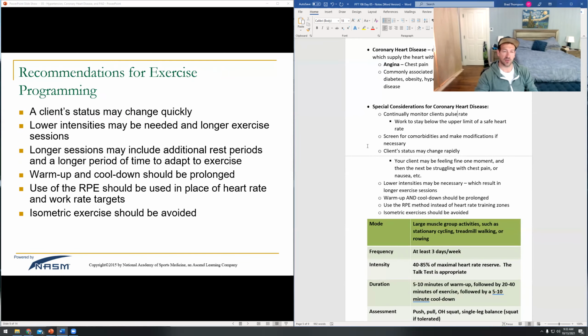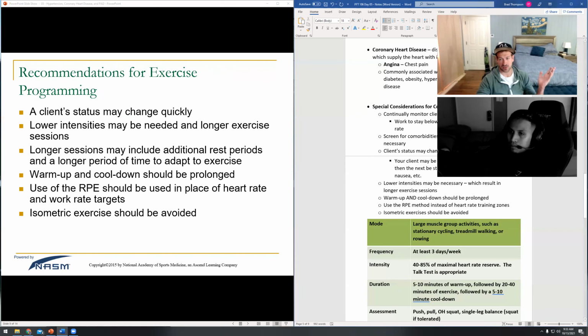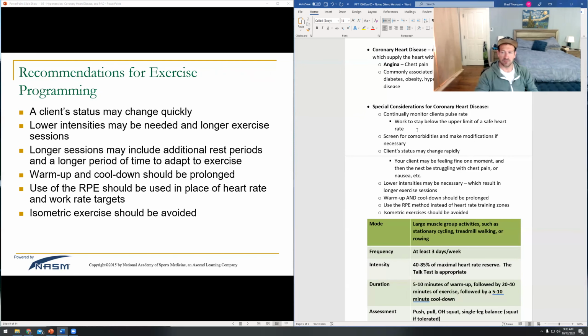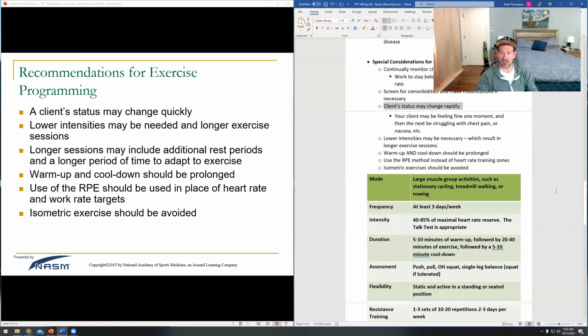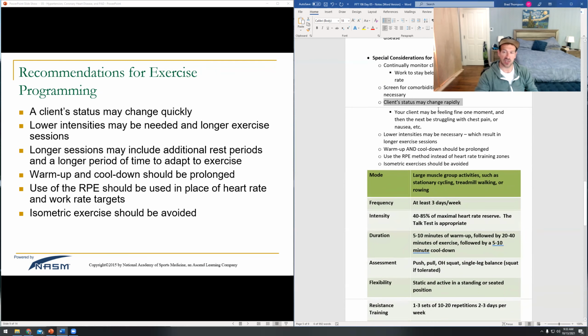And then always screen for comorbidities because, hey, guess what? They have a lot of other diseases, like we just said. One thing to be aware of, like I said, their status can change super rapidly. They may be feeling fine one minute, and then they are dealing with chest pain or nausea sometimes, all kinds of problems.